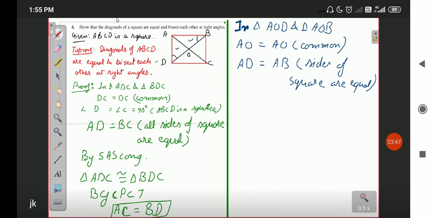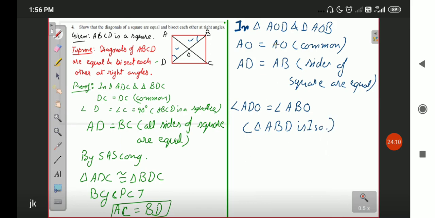Okay. So we will use this angle ADO is equals to angle ABO. Why? Because triangle ABD is isosceles. Triangle ABD is an isosceles triangle.